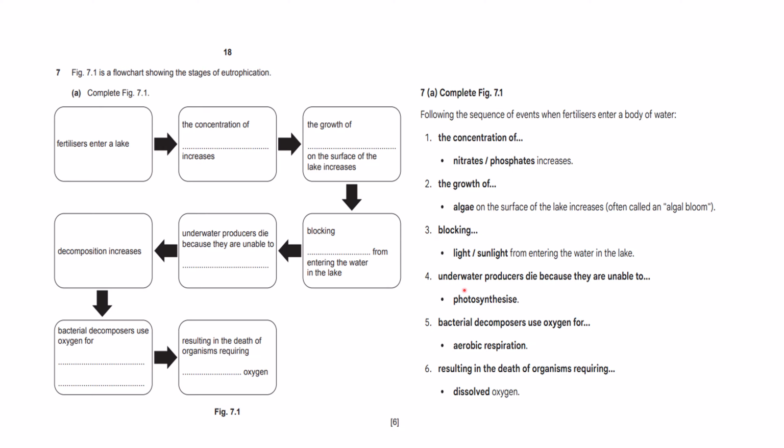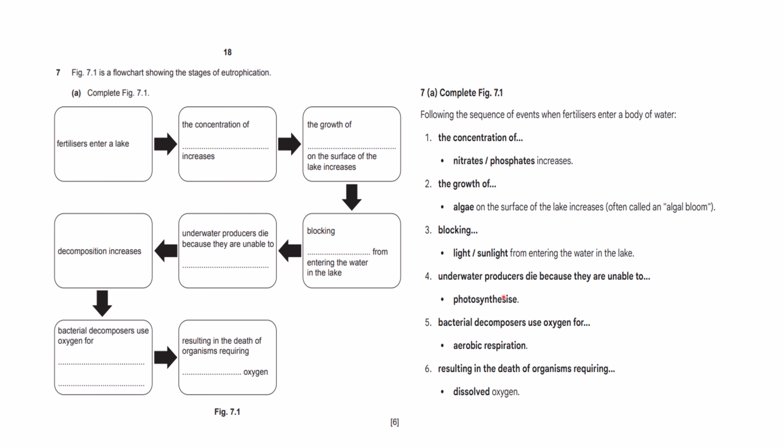So here is the answer, the sequence of events when fertilizers enter a body of water. The first is that fertilizers enter a lake. The concentration of nitrates or phosphates increases. The growth of algae on the surface of the lake increases. Number 3, blocking light, or sunlight, from entering the water in the lake.